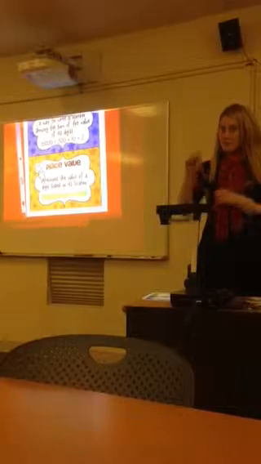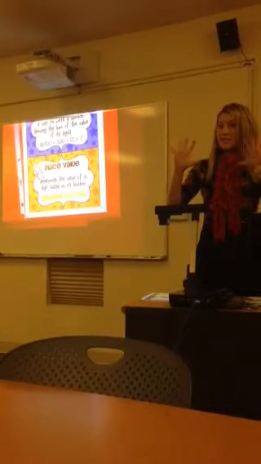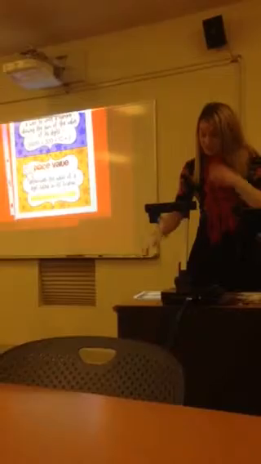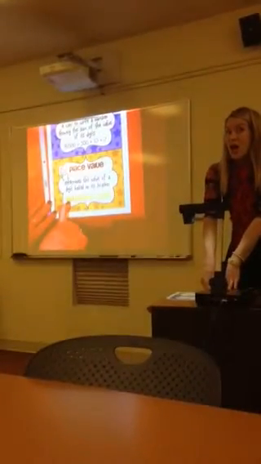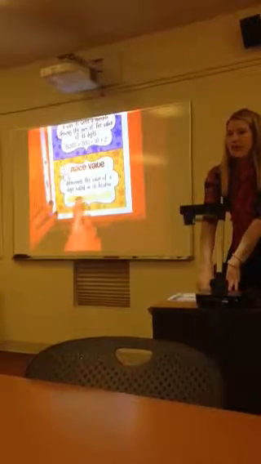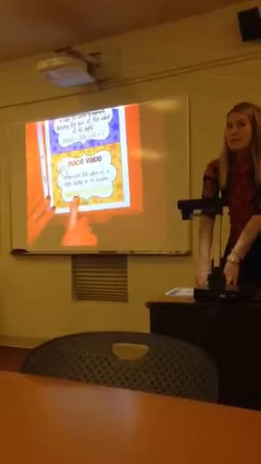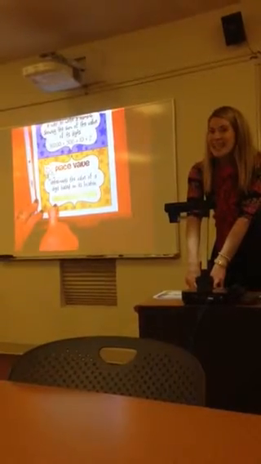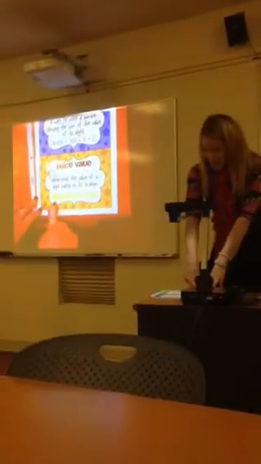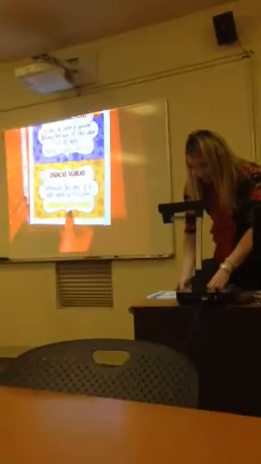So how many thousands is fourth in line? 10,000. And then after 10,000s is 100,000s. So how many 10,000s make 100,000s? 10. 10,000s make 100,000.